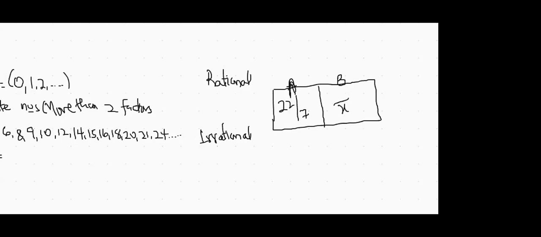Okay, so we have C here. C is the root of 5. The root of 5, is it a rational number or an irrational number? An irrational number. How about B, pi?